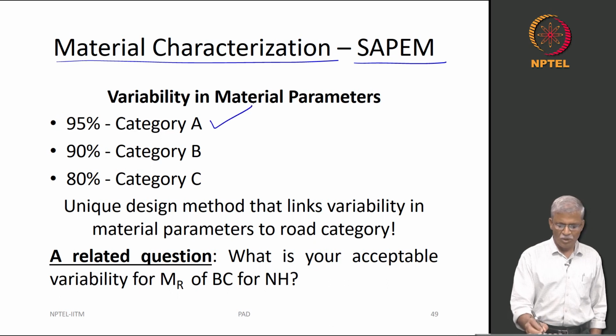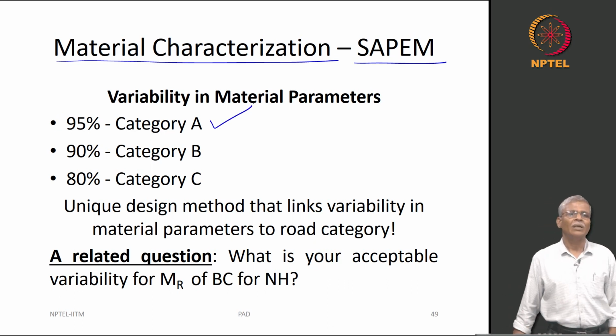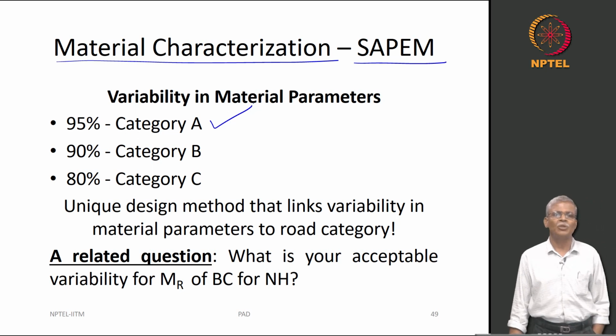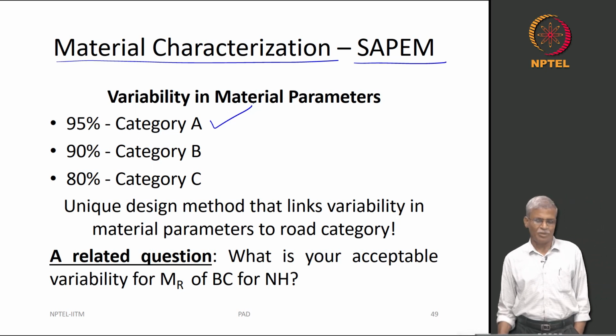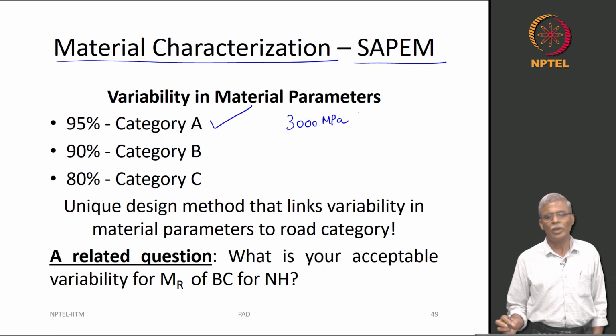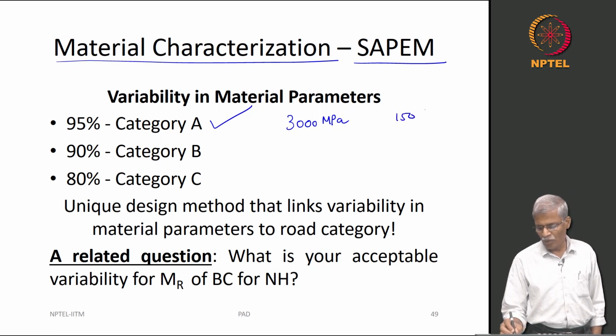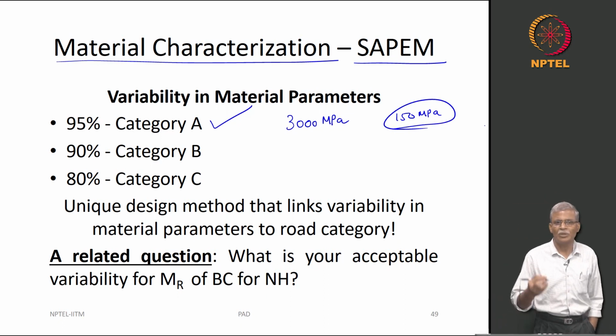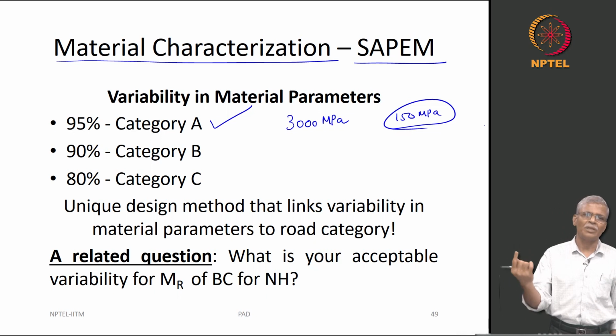So, that means you are looking at category A is 95%. So, that means at best you can have 5% variability. So, that means if you assume something like 3000 MPa, you can have a variability of only 150 MPa. So, now you understand the point that I was trying to make.